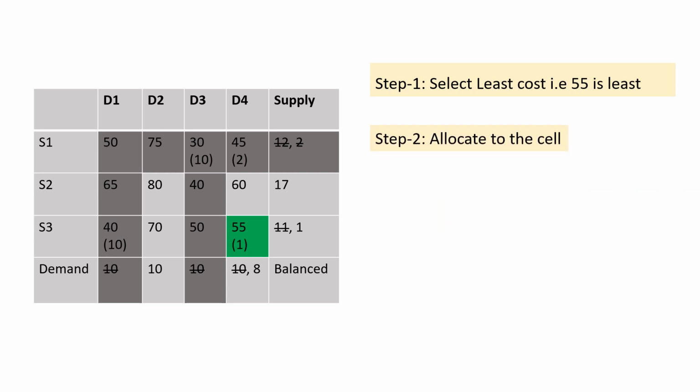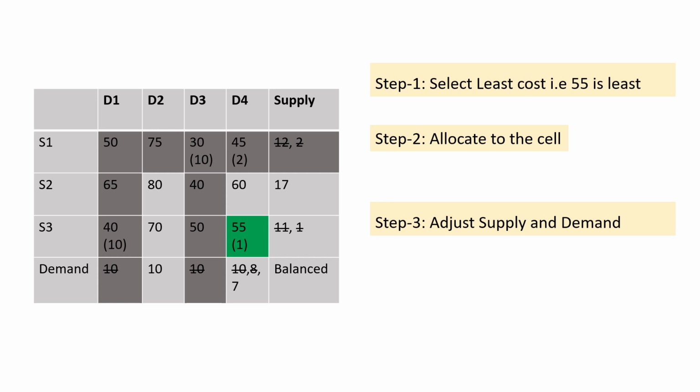We adjust the supply and demand. 1 minus 1, so that 1 is cancelled, and 8 minus 1 leaves a remainder of 7. Then the fourth step is to cancel the 0 demand or supply column or row.